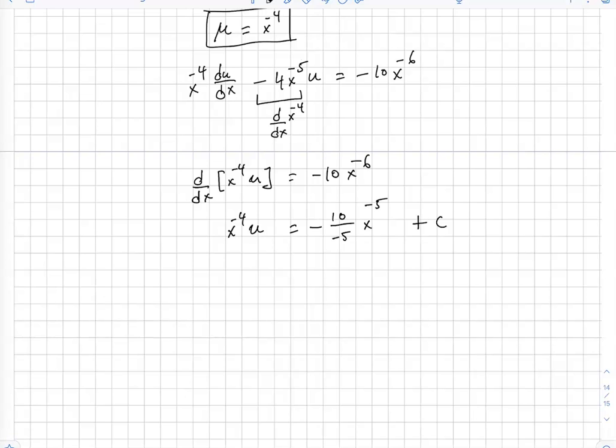So you can multiply now by x to the power 4, which makes things simple. So on the right hand side, first divide 10 by 5, which is 2, and you multiply by x to the power negative 4, gives you 2 times x to the power negative 1 plus c multiplied by x to the power 4.